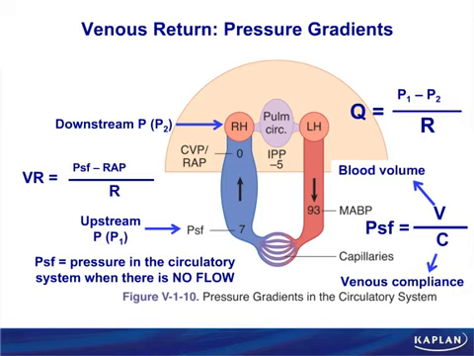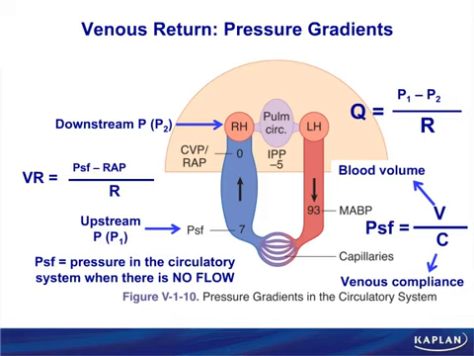So stop, absorb, soak in that construct. It's pressure flow resistance. All right. Now, mean systemic filling pressure is a pressure when there's no flow. So if there's no flow, we're not thinking pressure flow resistance to determine PSF. Instead, we're thinking volume and compliance. All right, segregate those out in your mind. PSF is that pressure when there's no flow.